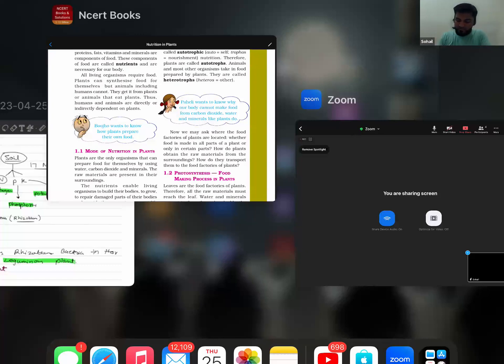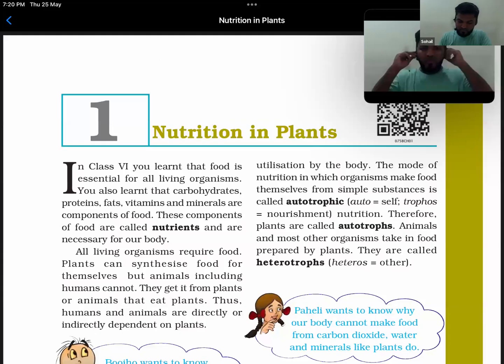Yeah, can you see the screen? Yes. Okay.